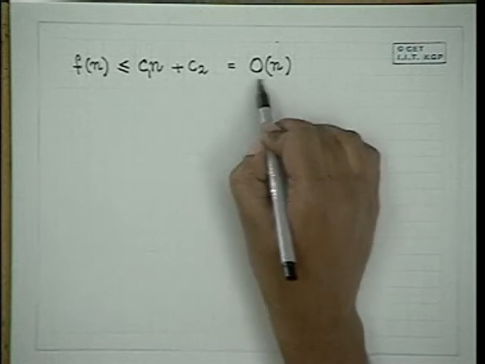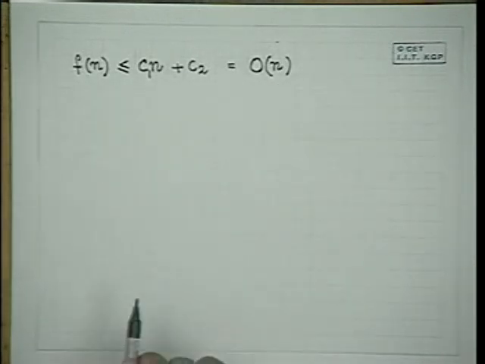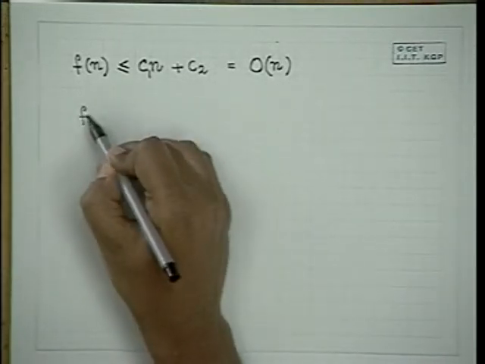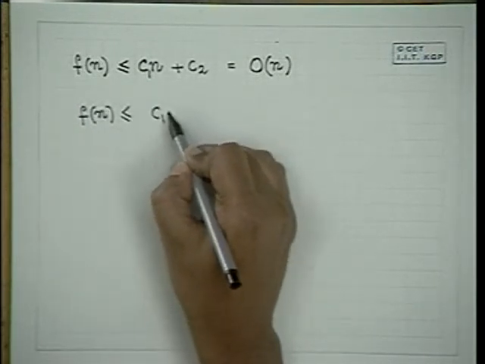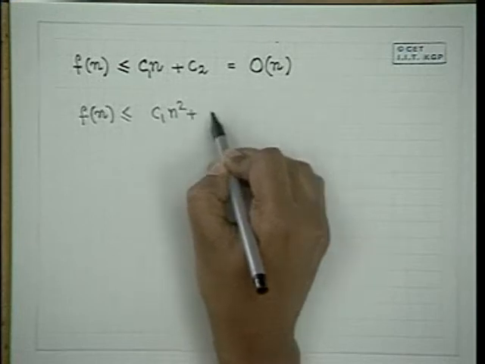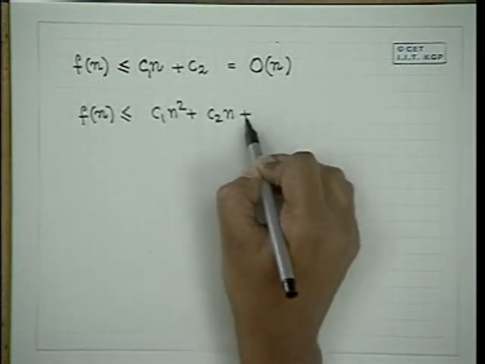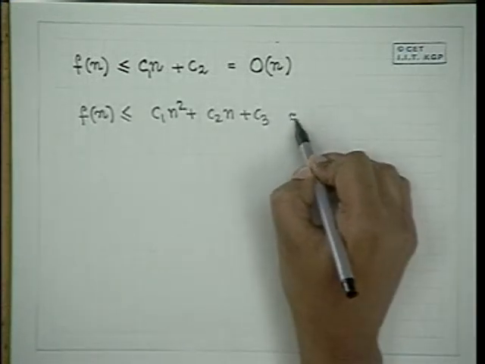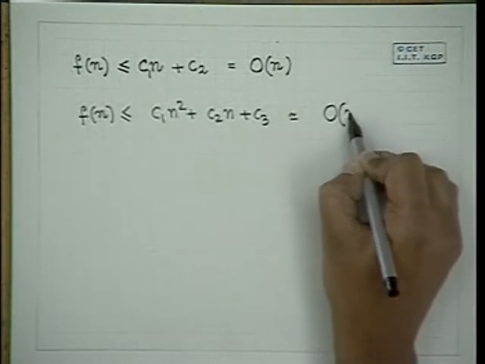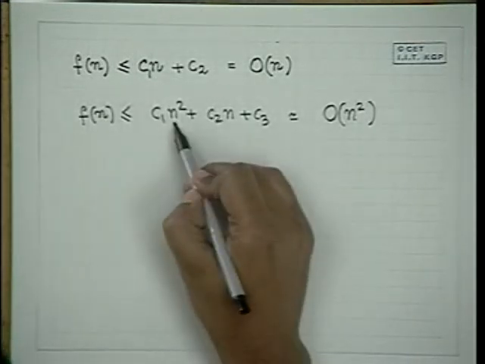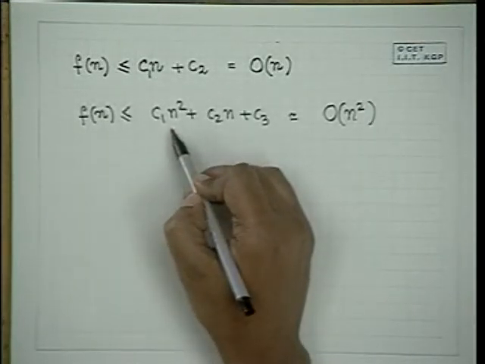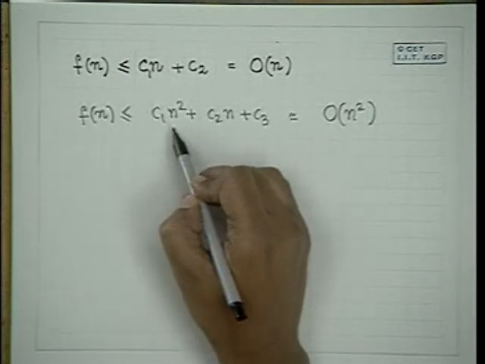I am trying to informally introduce this concept. If F(n) is less than or equal to this, then it is said to be order n squared, because this is the term which is going to dictate its complexity when n tends to large.